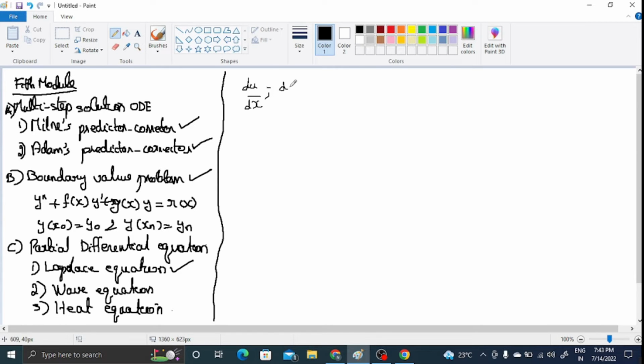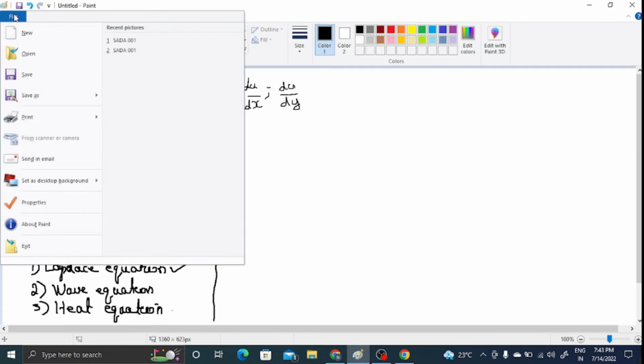Similarly, du by dy. Because for a partial differential equation we have a function that depends on both x and y, we need two different terms. So how to represent du by dx and du by dy? Or similarly, how to represent d square u by dx square and d square u by dy square? So that we are going to discuss.